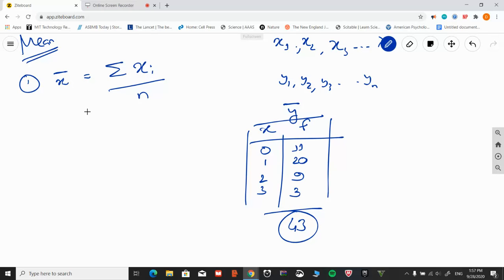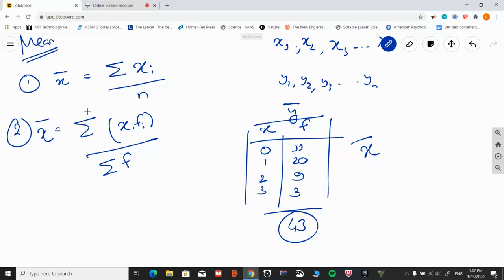Now, if I asked you to find the mean of x, I'm basically asking you what is the average number of pet animals per family in the city. So in this case, the formula is this: x bar equals the summation of xi times fi, divided by the summation of the frequencies. What this means is, in this example, if you name this one x1, this one's going to be f1.